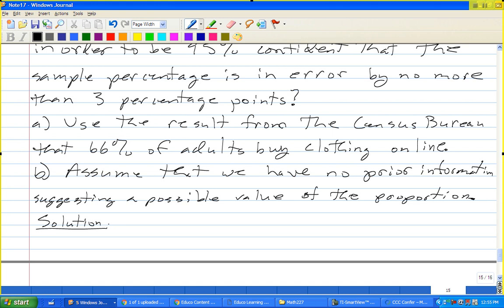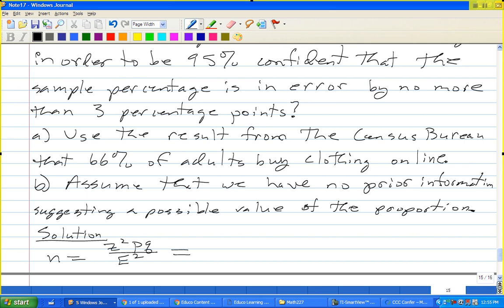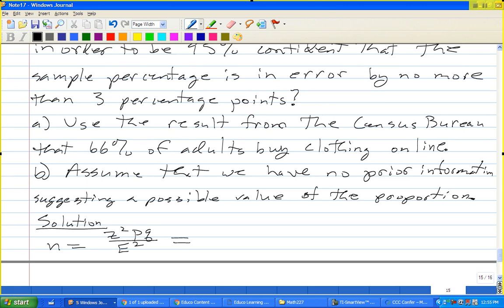Okay, so in this first case, I have n is equal to z squared pq over e squared. We're doing a 95% confidence interval, and as we've seen above, the z value for 95% was 1.96.